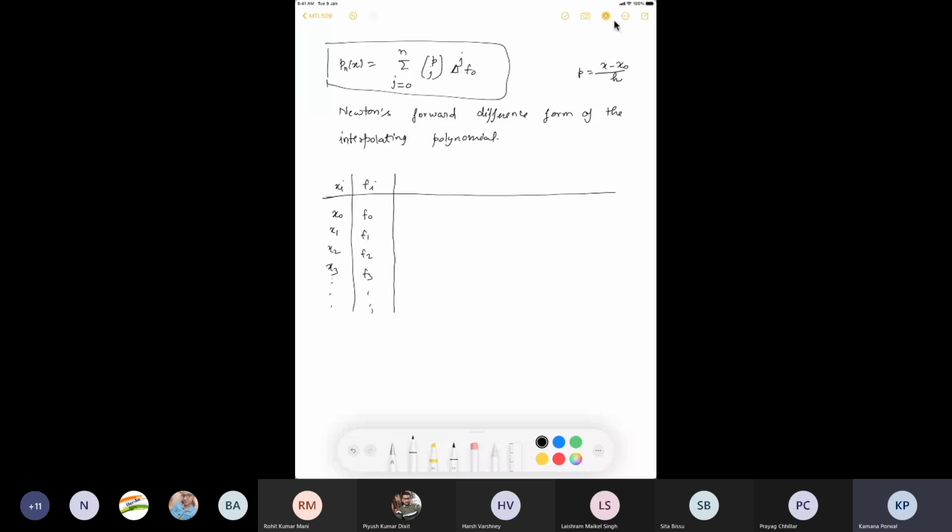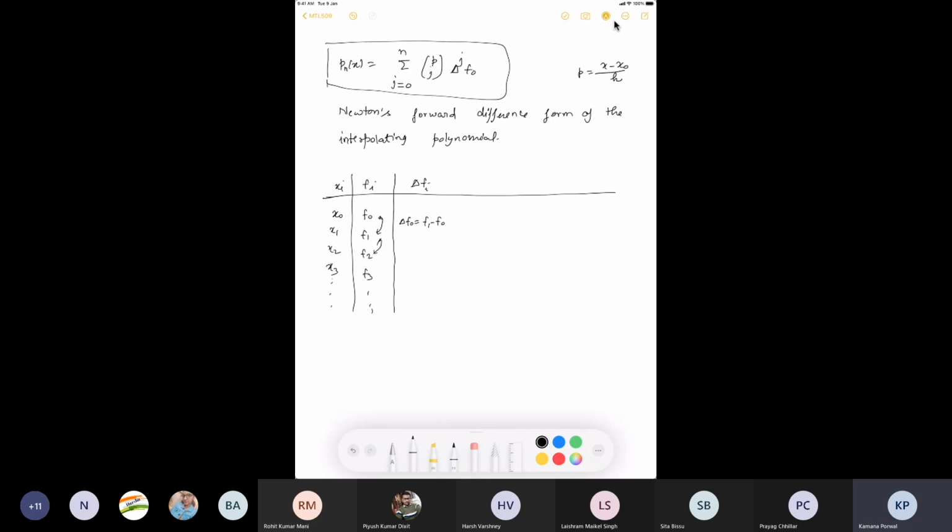Now you can find the first forward difference of f at the xi's. Let's call it delta fi. So delta f0 will be f1 minus f0, right? You just have to take the difference of these two consecutive entries.